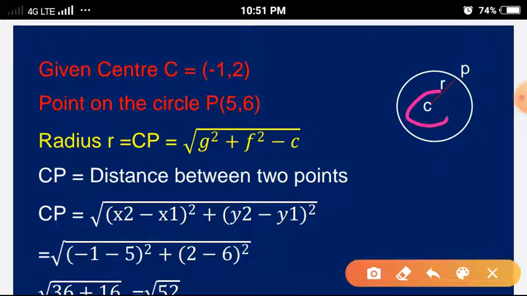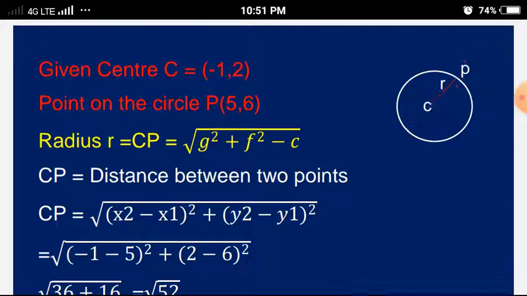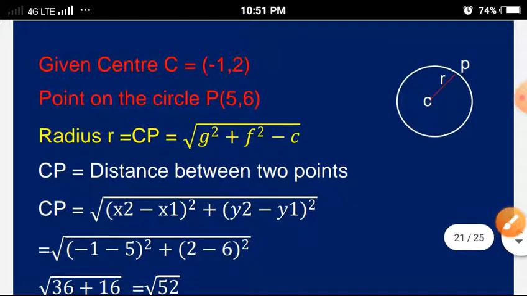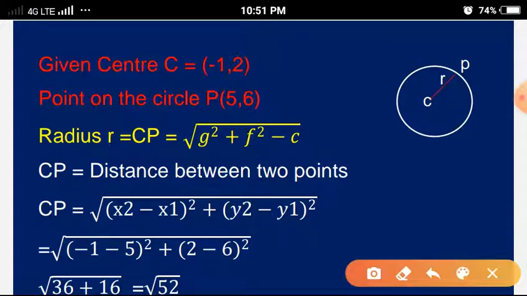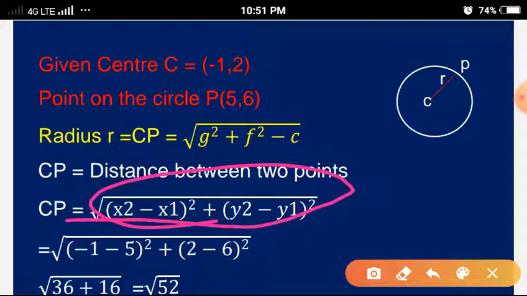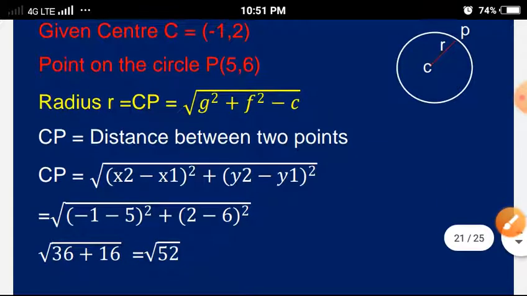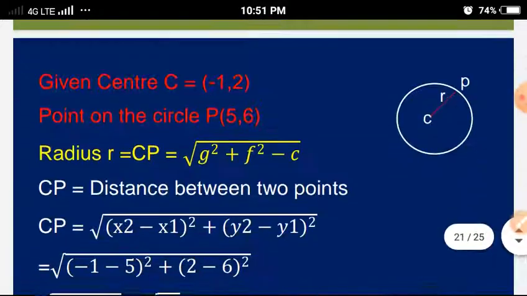Center is one point and P is another point, so the radius is the distance between 2 points. The formula for the distance between 2 points is square root of x2 minus x1 whole square plus y2 minus y1 whole square. Here we know that the center is minus 1 comma 2 and the given point is 5 comma 6.